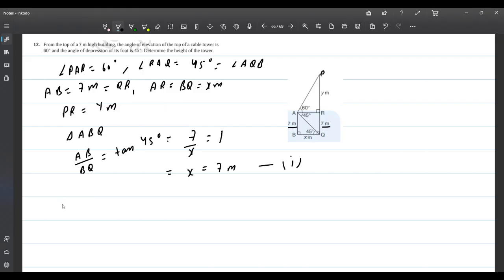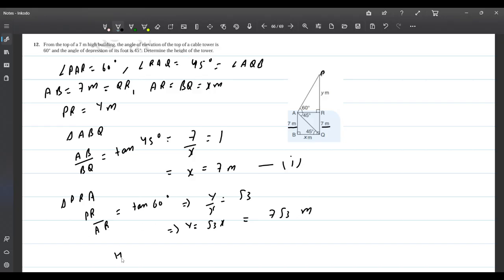Now in triangle PRA, PR upon AR is equal to tan 60 degrees. So y by x is equal to root 3. So y is equal to root 3 x, and this is equal to 7 root 3 meters.